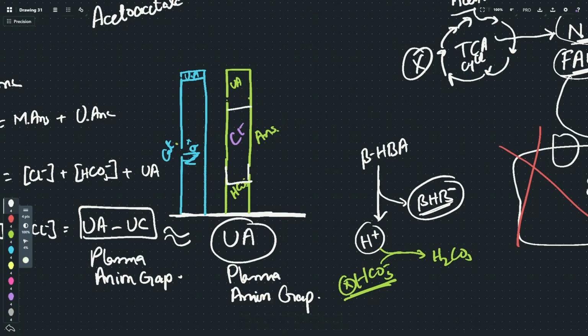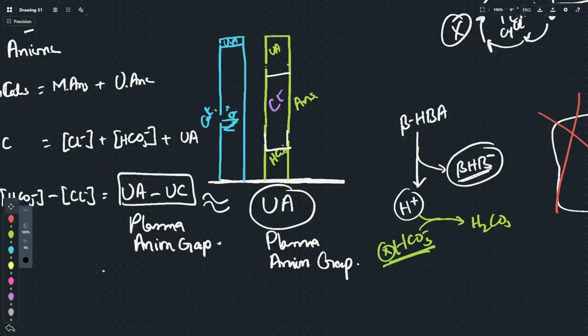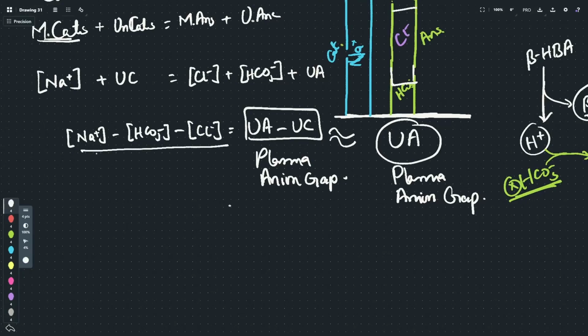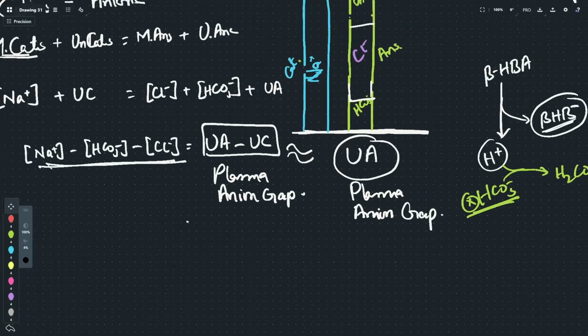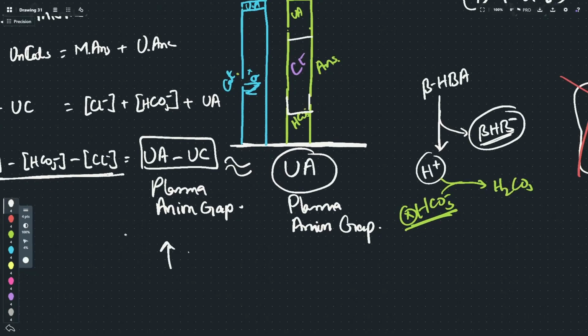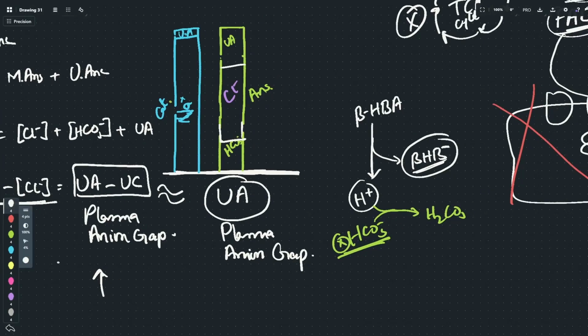So if we calculate this, we will see that its value will be high. High value means that there is some negatively charged ion that we do not usually measure in the lab, right?